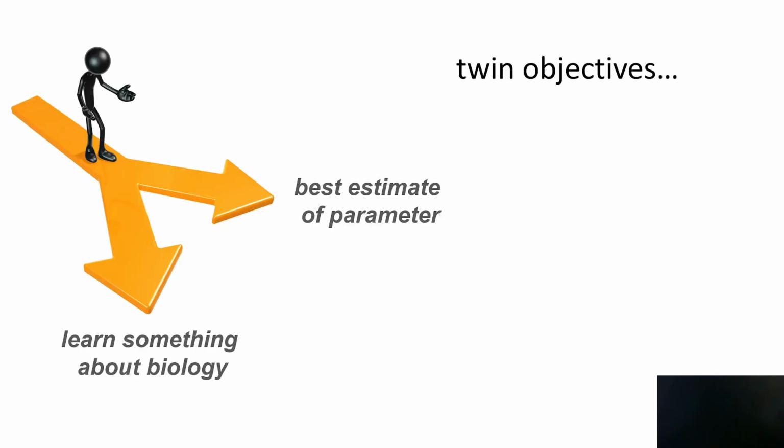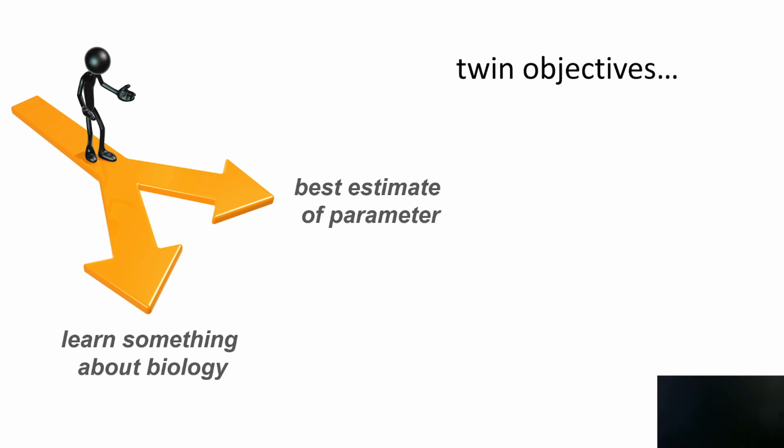When you play with models and data, there are often two objectives, not mutually exclusive, but it's convenient to think of them this way. One of which is to come up with the best estimate of a parameter. If you're estimating abundance, you're estimating that parameter, and that's what you're interested in. Sometimes, though, the purpose of fitting models to data is not simply to estimate parameters, but to learn something about biology.